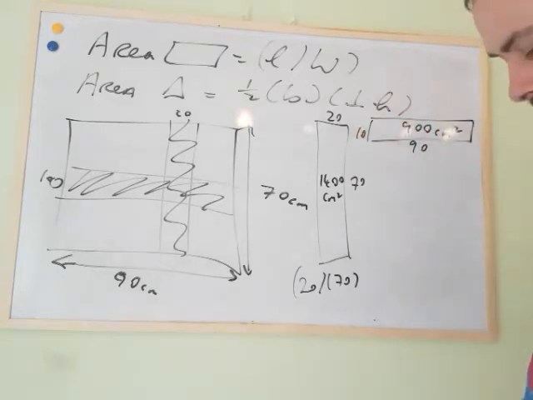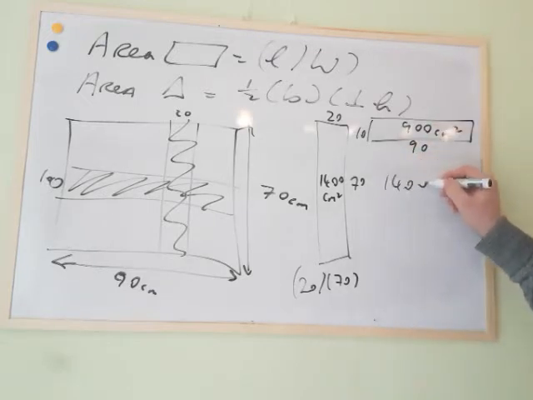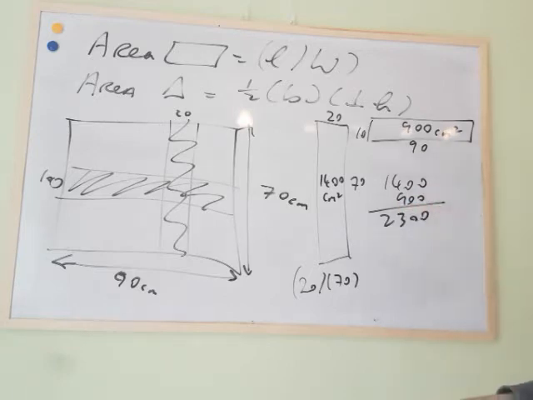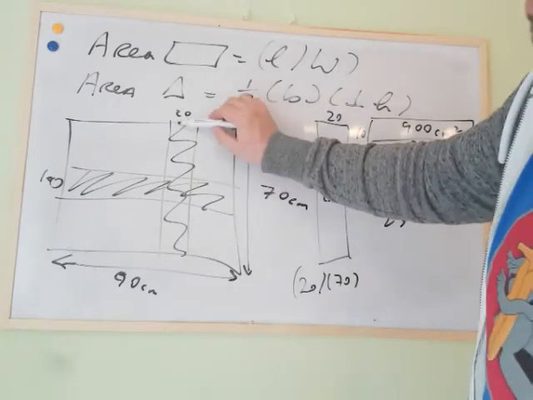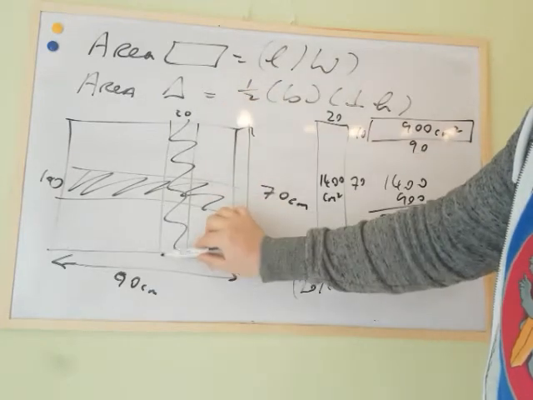And then they say, right, well, I'll just add that. And if you go to the back of the book, that's wrong. And the reason it's wrong is quite simple. If we think about what we've just done here, I found the area of this section of the flag going from here to here.